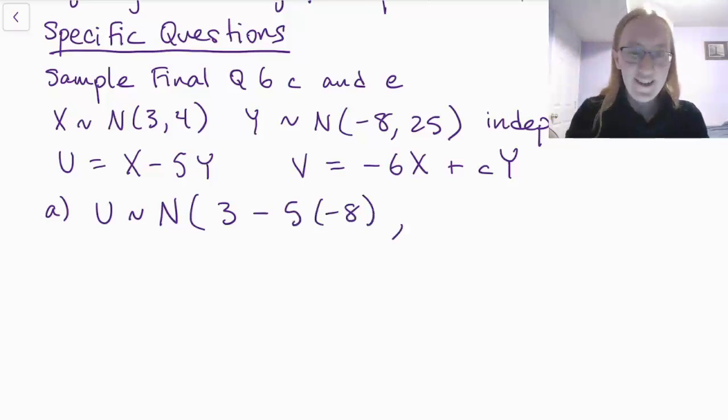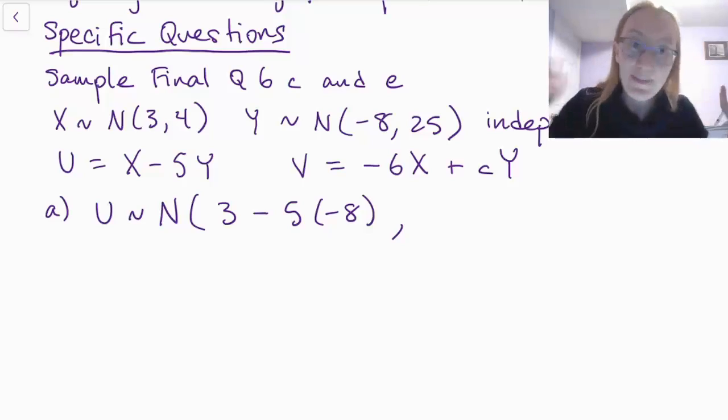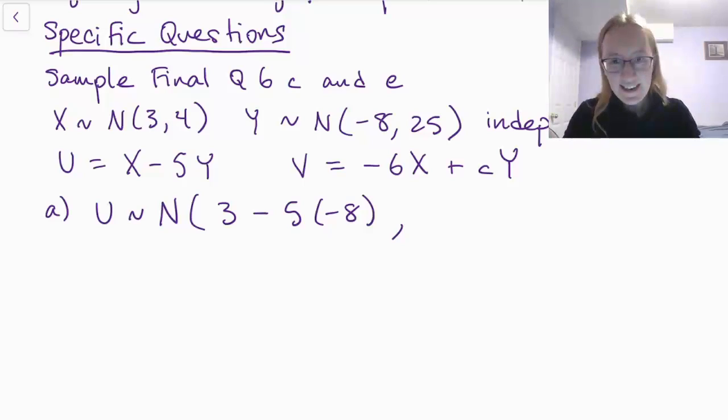And I'll fill that out later. Variance equal to the variance of X plus negative 5 squared times the variance of Y, plus 2 times the covariance, but there is no covariance because they're independent.